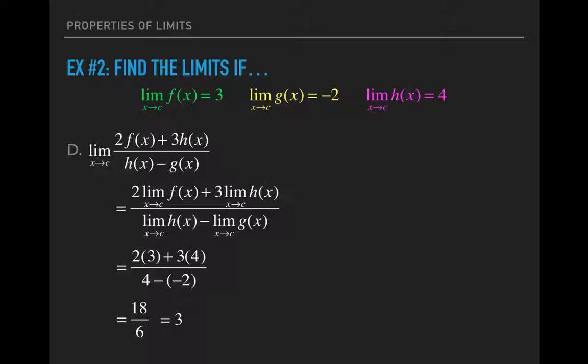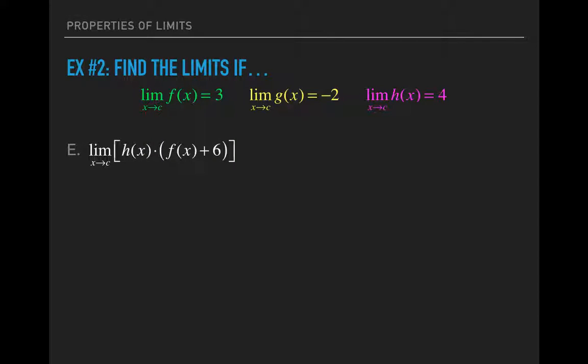2 more, guys. Hang in there. Here we go. We're looking at the limit of your h function times the sum of your f function and 6. Break them apart. The limit of h times the limit of f plus the limit of 6.